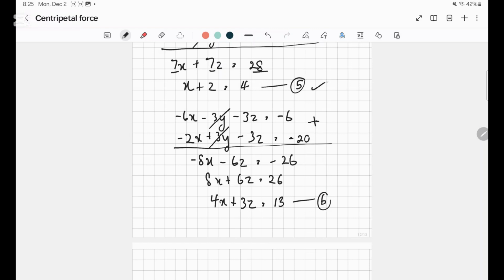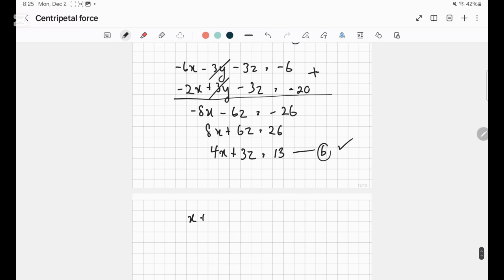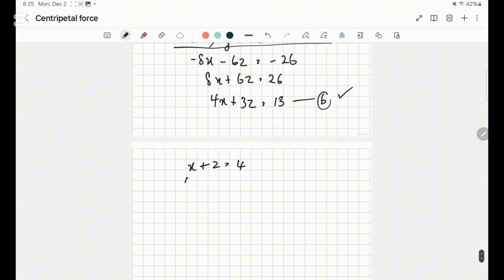Now we have equation 5 and equation 6. Let's write them down. Now we can use the elimination method to remove one term, so we'll get the answer for the other term.